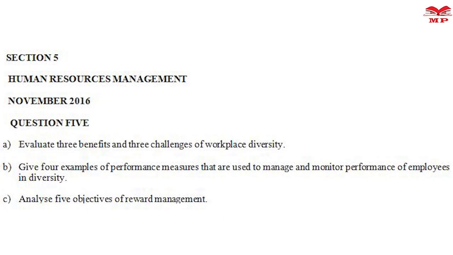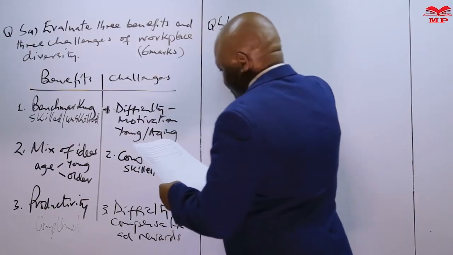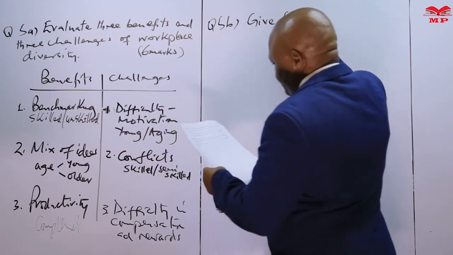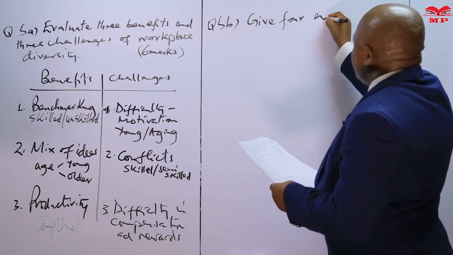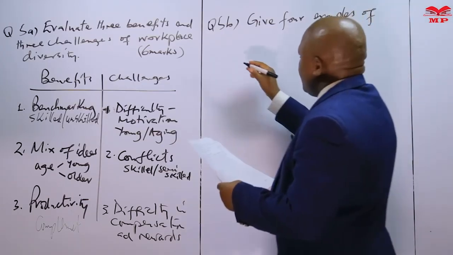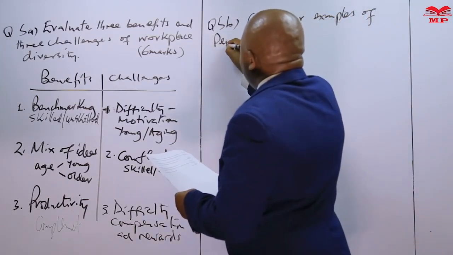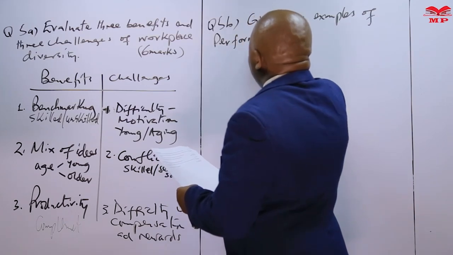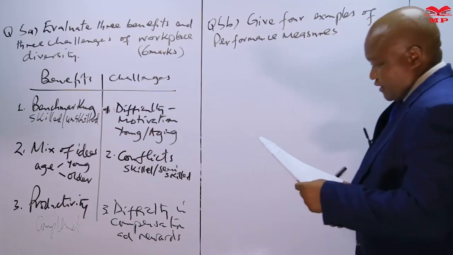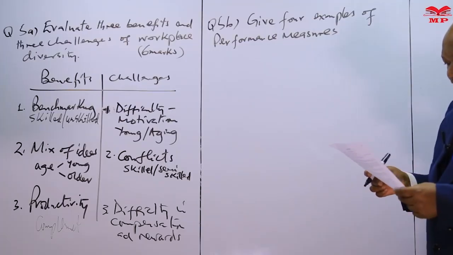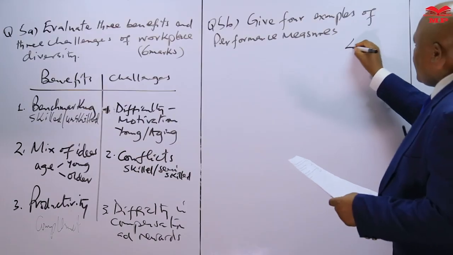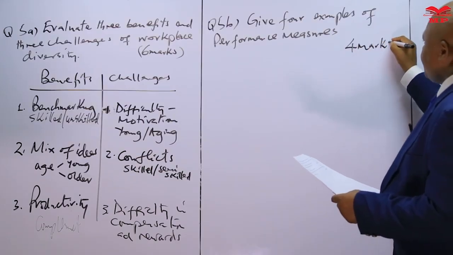So question 5b: give 4 examples of performance measures that may be used to manage and monitor performance of employees in an organization, and the question had 4 marks.